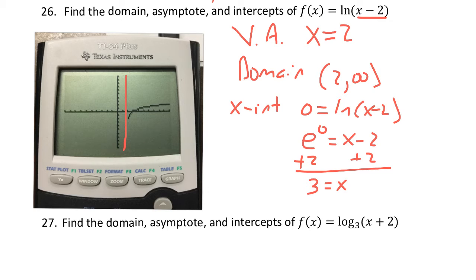So the x-intercept is 3, 0. There isn't any reason to waste our time trying to find the y-intercept, because as we see from the graph over here, this wall is going to keep the graph from hitting the y-axis. So there isn't a y-intercept.